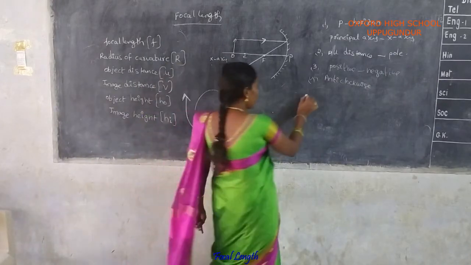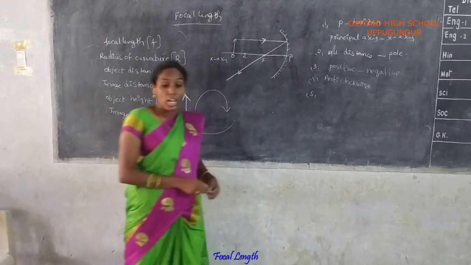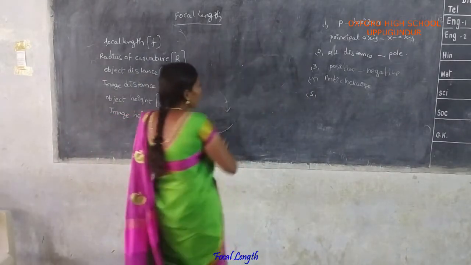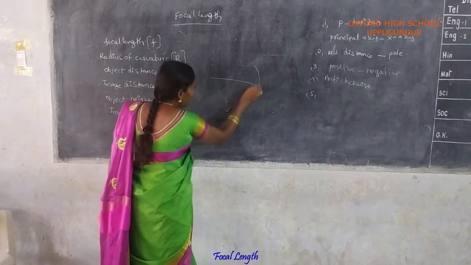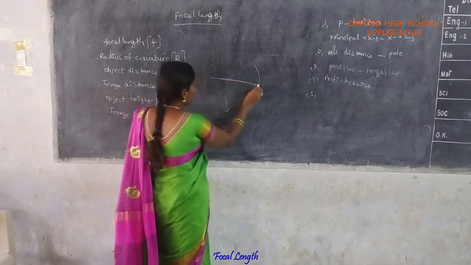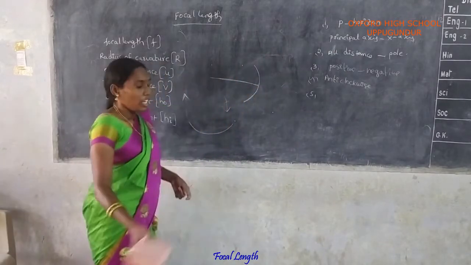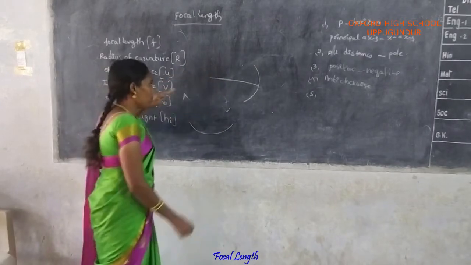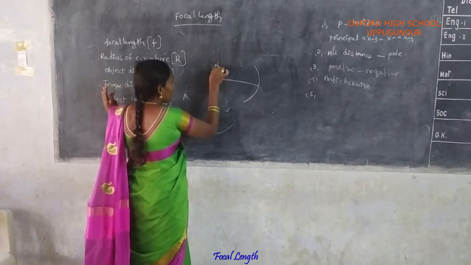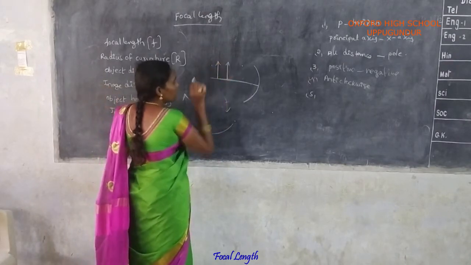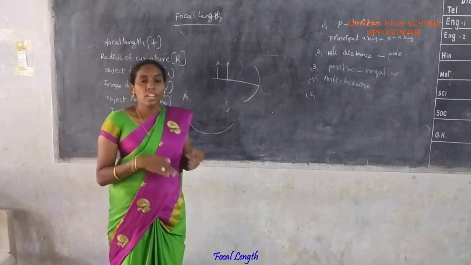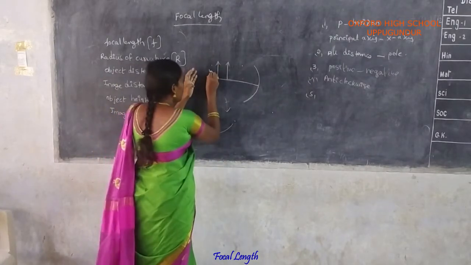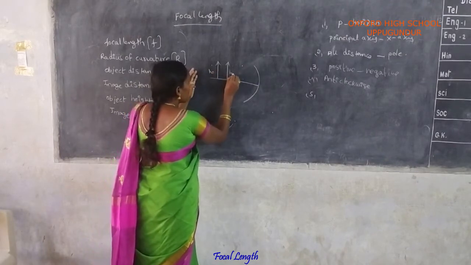And next, the fifth point: the height of the image and the height of the object. See here, this is the mirror, and this is the principal axis. Here above the principal axis, here below the principal axis. For example, if the object and the image are placed above the principal axis, this is the object height and this is the image height.